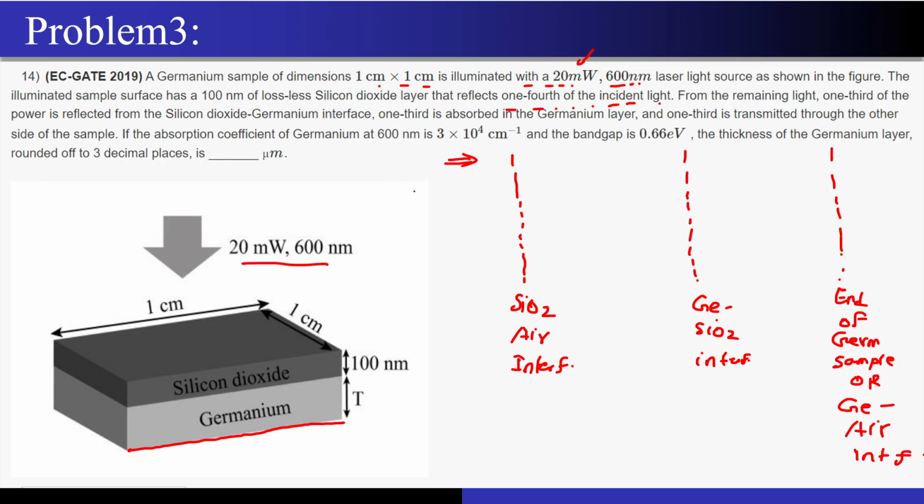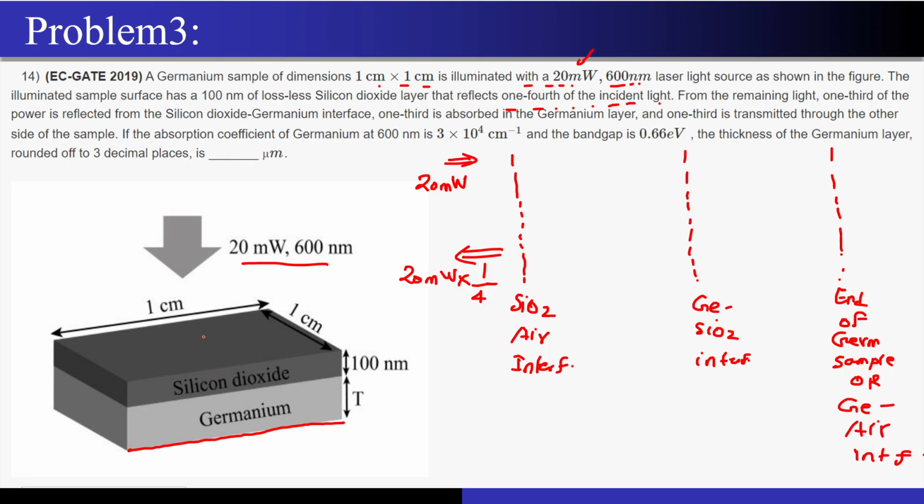Now what I was doing, see, I was incident with almost 20 milliwatts of power from here. Out of this, 1/4 of the power got reflected by this SiO2 air interface itself. By the way, if you want to know why some power will get reflected, note that the refractive index of air and the refractive index of silicon dioxide are different.